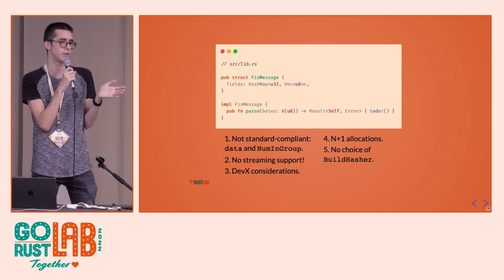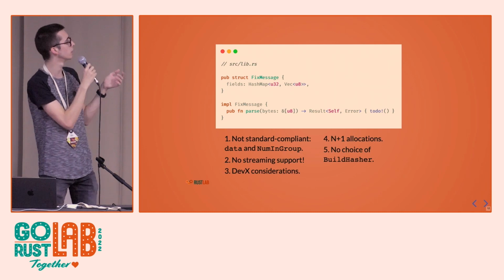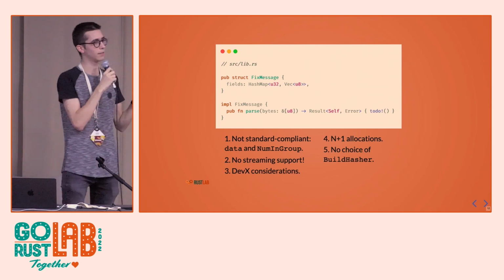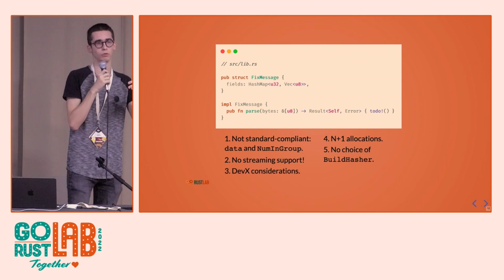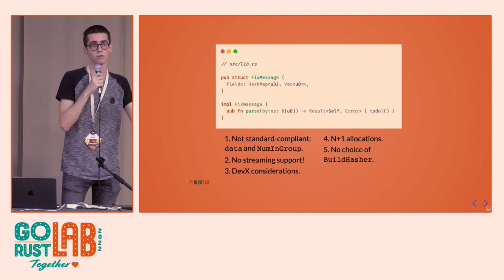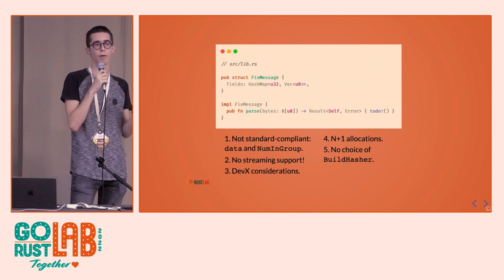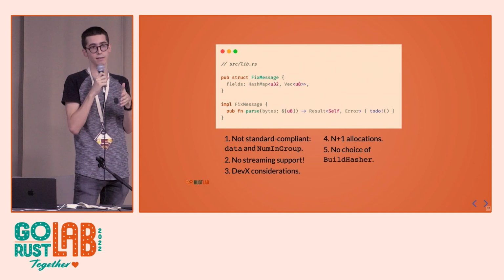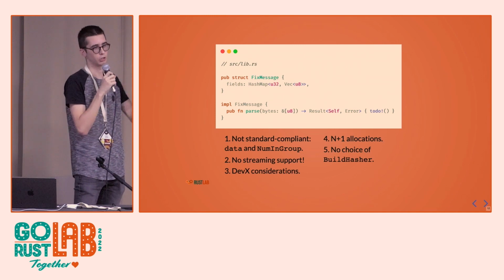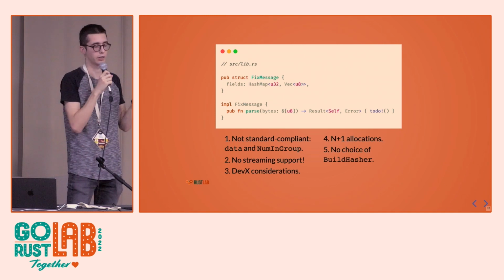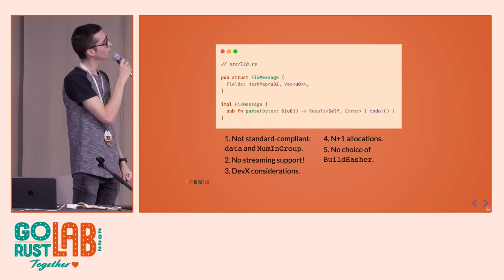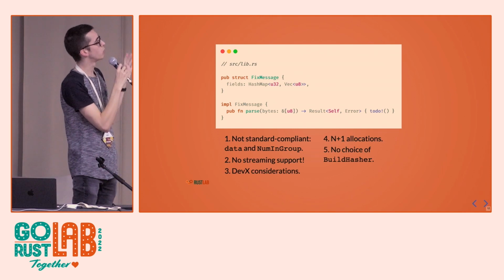You just have a byte slice or a byte vector, and you simply parse it. Now, fix also has a way to do streams with fix. So you're not using any underlying framing mechanism. So you have to know for yourself when a fixed message starts and when it ends, and that requires some additional work that we're going to take a look at later. So these are the two main problems.